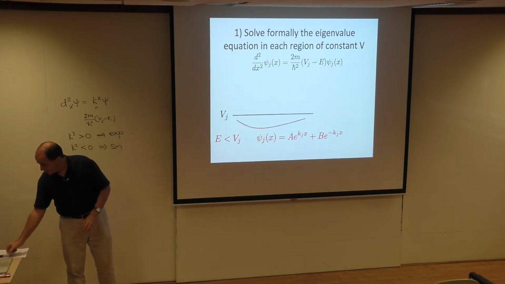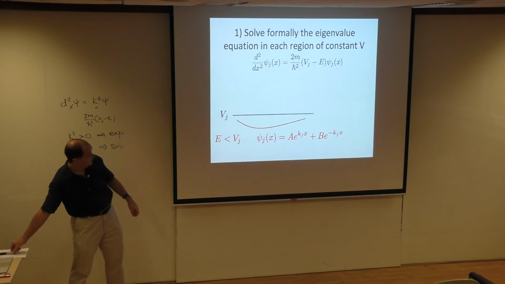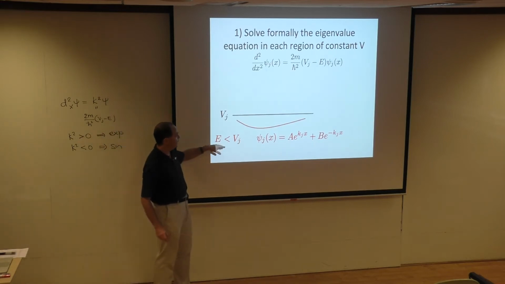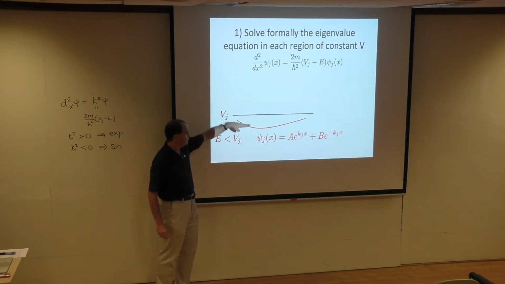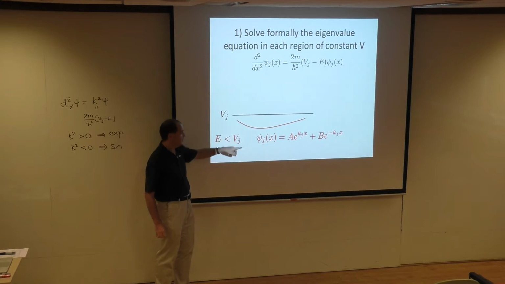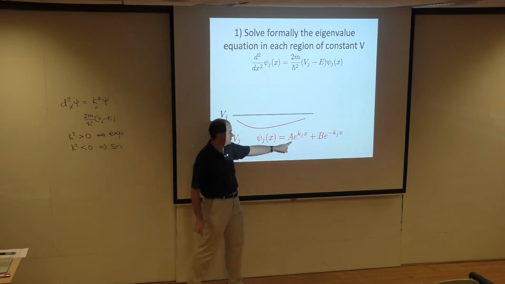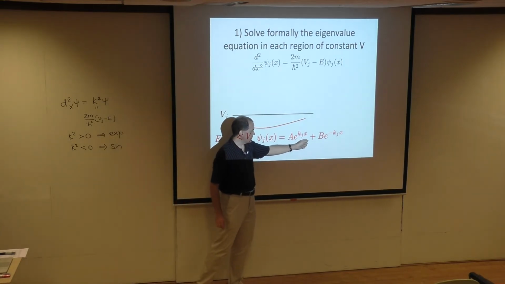Indeed, if we are looking at an energy that is smaller than Vj, below the potential level, then k squared is positive, and the solution will be a sum of exponentials. Of course, it can be exponential positive or negative.